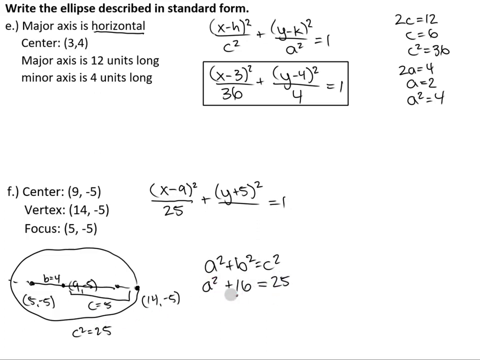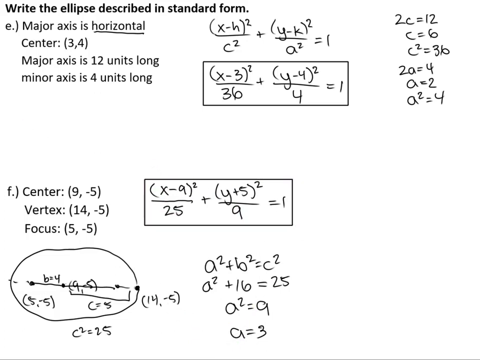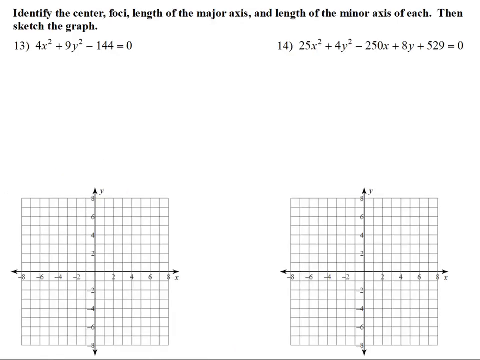Let's find a. Subtract 16 over. We get a squared equals 9, which means a is 3. In fact, I didn't really even have to go this far because I just need a squared in my formula. So a squared is 9. And there we go. There's the equation of the described ellipse.